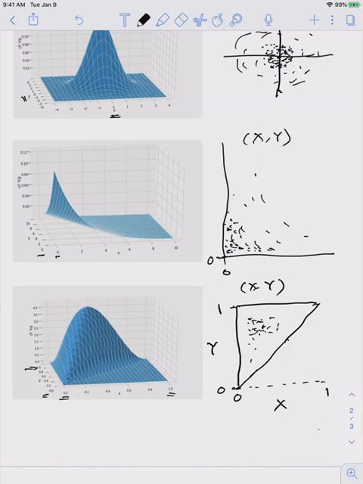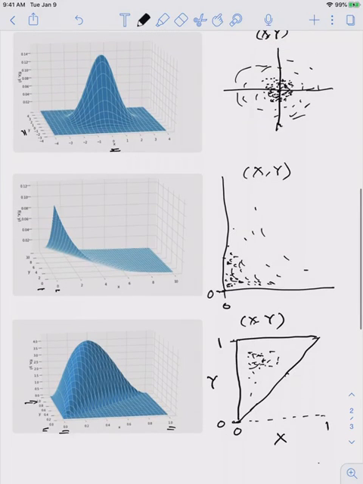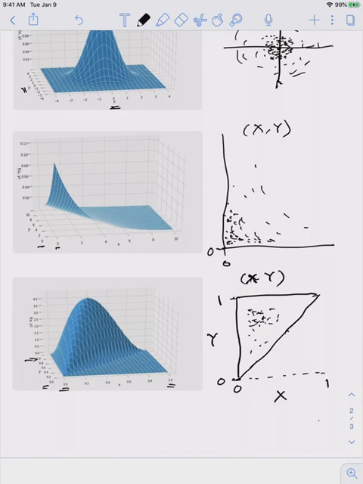And notice that you can tell all this without knowing the equations of any of these surfaces. You can just tell by looking at the heights. And there is something you can tell with this third one that's quite interesting, which is that you can see by where the density is positive that y is always bigger than x.